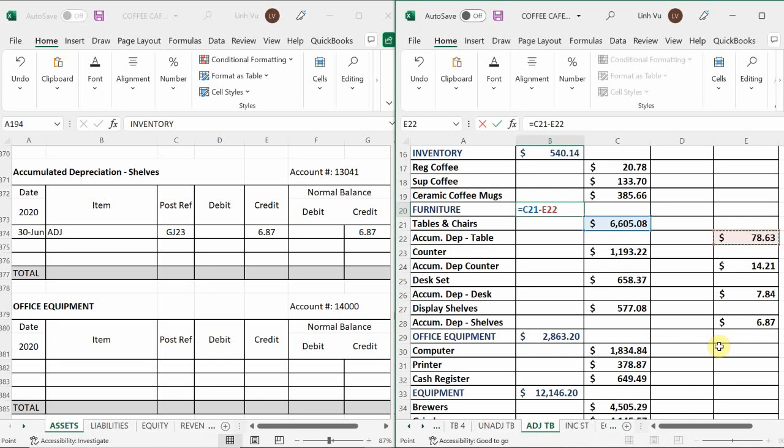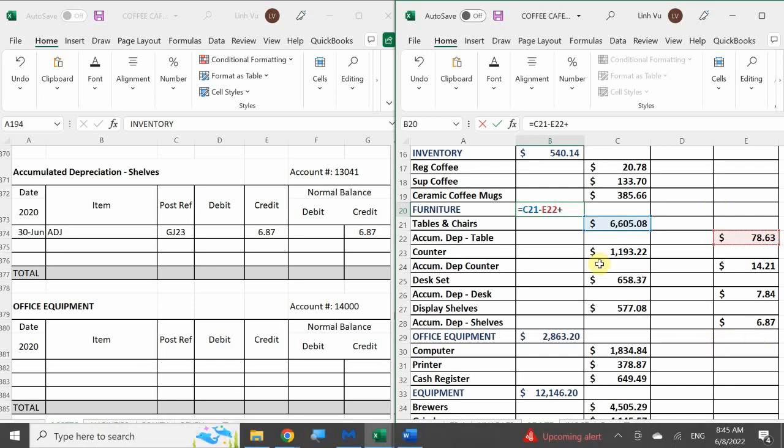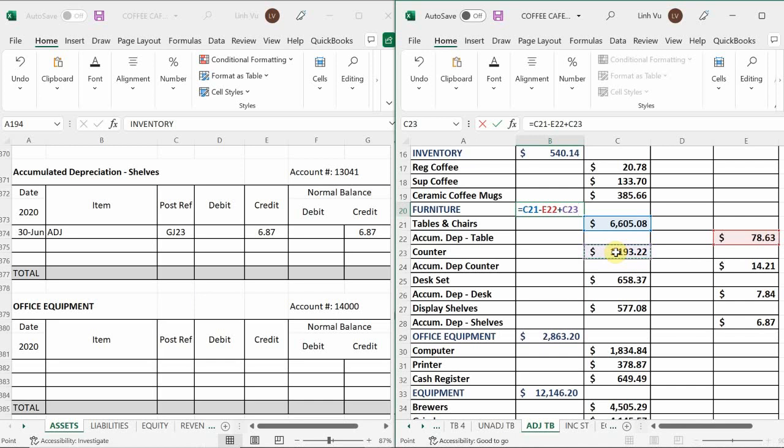I also have my counter. I'm adding my counter, however, I have to subtract that $14 worth of depreciation. You're going to add up all of your furniture and minus out all of the accumulated depreciations.